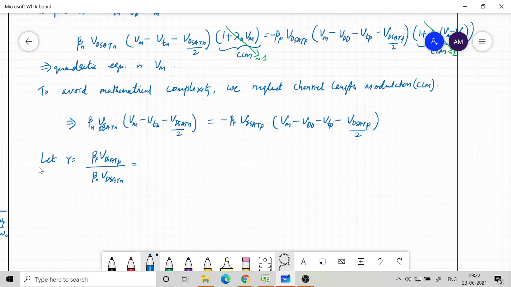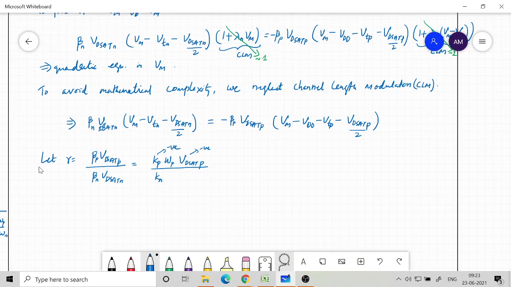So this, if I expand it as before, taking L as the same for NMOS and PMOS, I can write it as Kp into Wp into Vd sat P. So Wp is a design parameter. Kp and Vd sat P are process parameters. Here Kp is negative, Vd sat p is also negative, so negative into negative, positive.